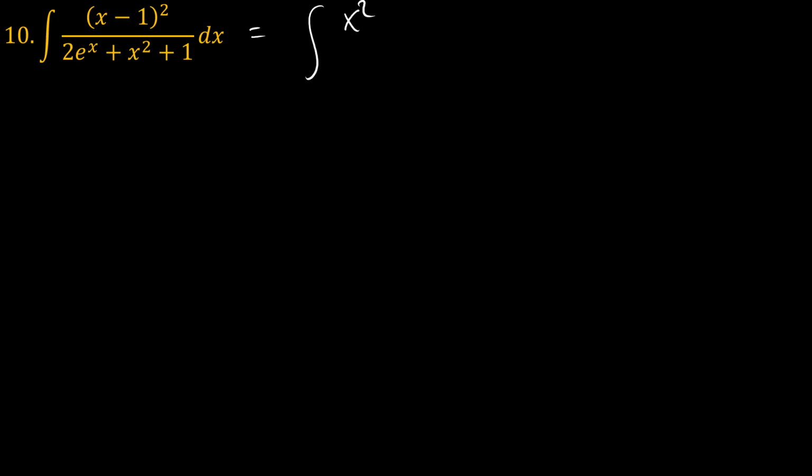So problem number 10, the indefinite integral of x minus 1 squared over 2 times e to the power x plus x squared plus 1. I think we can expand the numerator, so we have x squared minus 2x plus 1 over 2e^x plus x squared plus 1.